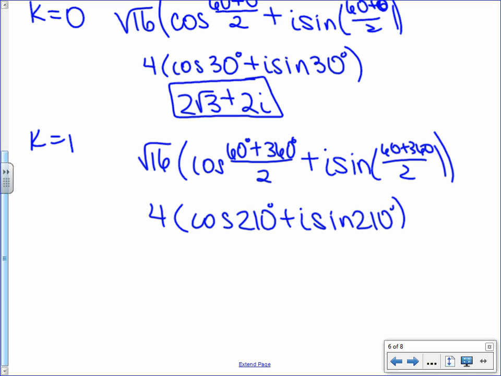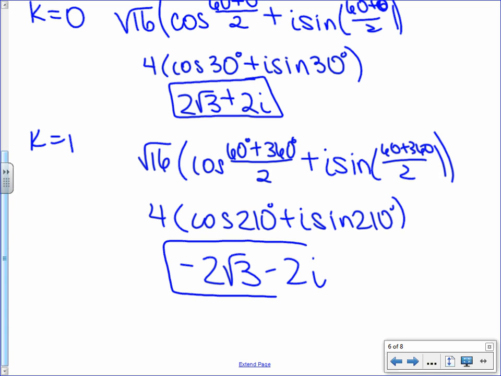So the cosine of 210 is negative radical 3 over 2. And the sine of 210 is negative 1/2. So there are our square roots. If we square those two numbers, we will get back to z.